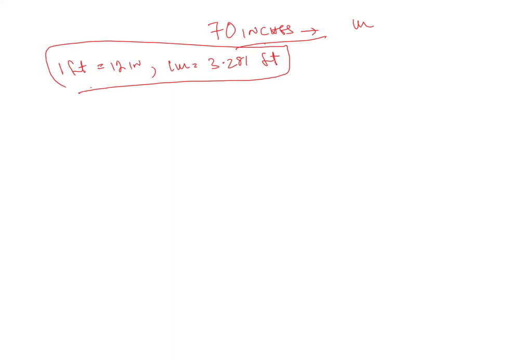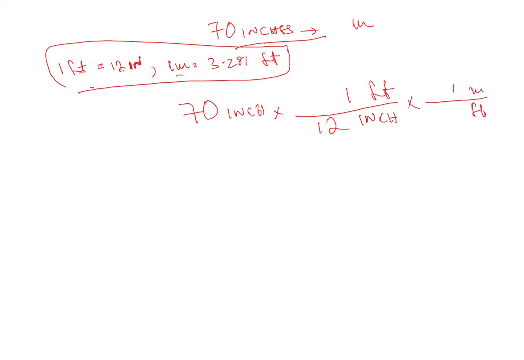So given the 70 inches, I must cancel it. Ideally meters would be better, but I don't have meters, so I have to convert to feet. So the ratio is 1 foot to 12 inches. Then I try to cancel feet to get meters. Then the ratio is 1 meter to 3.281 feet.